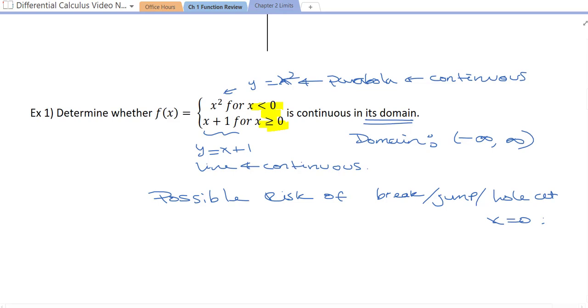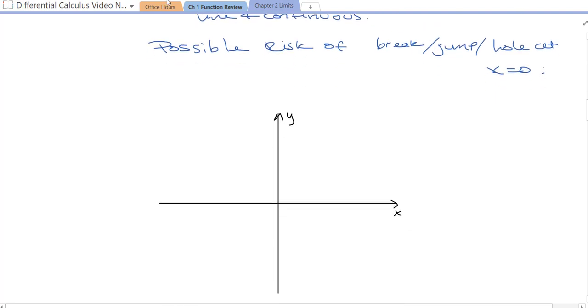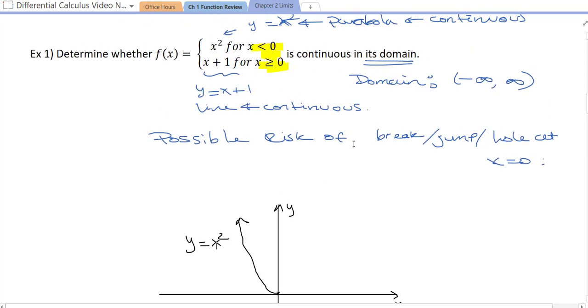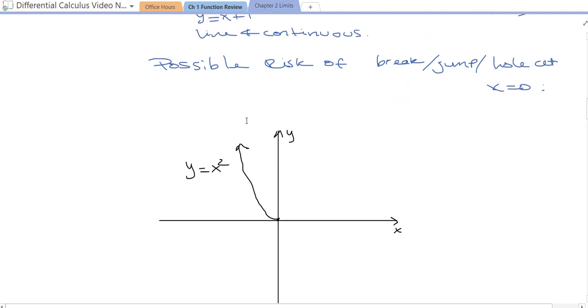So let's look at the graph. When x is less than 0, we look like the parabola x squared, only to the left of 0. I'm going to try to freehand it over here. So this is my y equals x squared. I had to pause so I could draw it better. And then y equals x plus 1 for x greater than or equal to 0. So this is a line with y-intercept about 1 and slope 1.